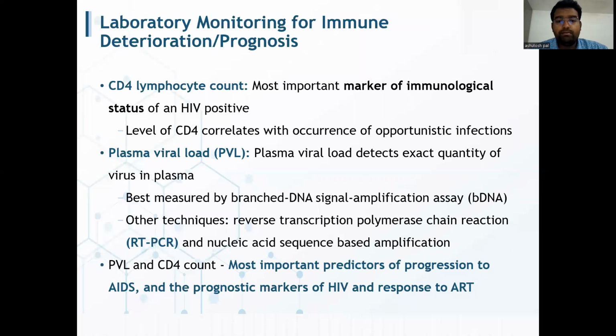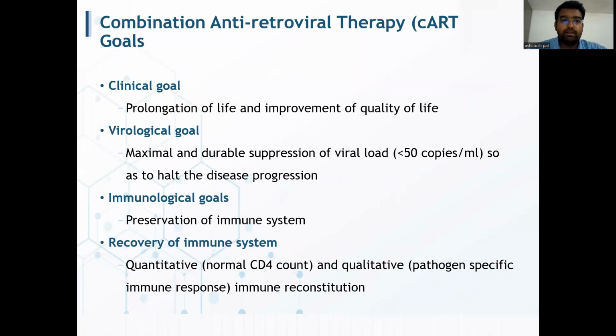It is best measured by branched DNA signal amplification assays. Other techniques like RT-PCR and nucleic acid sequence based amplification can also be used. Plasma viral load and CD4 count are the most important predictors of progression to AIDS and the prognostic markers of HIV and response to ART as well.